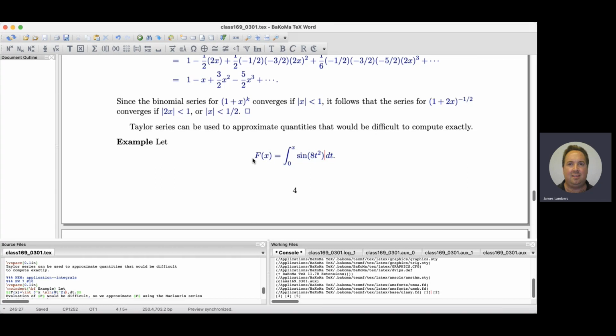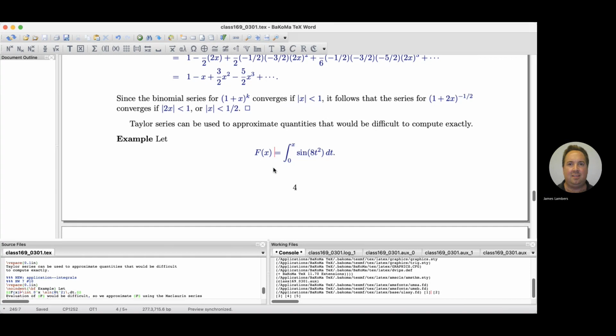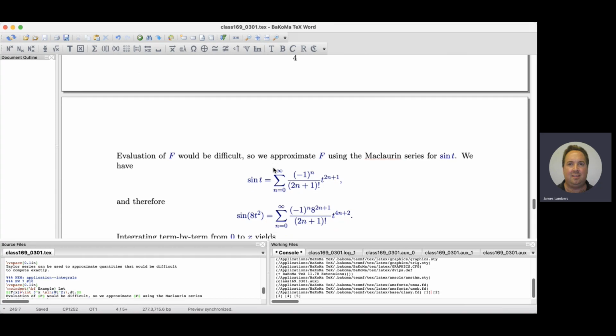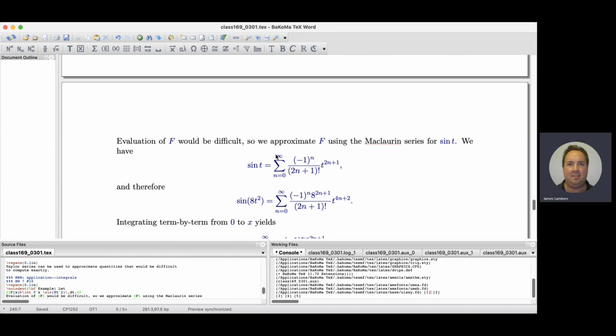So what I'm going to do is get a Maclaurin series for capital F. The way I would do that is start with sine t, its Maclaurin series that's already known, and then replace t by 8t squared. So I'm going to get a factor of 8 to the 2n plus 1.